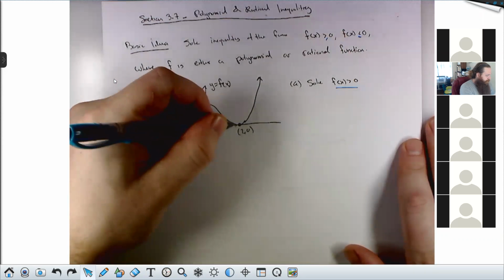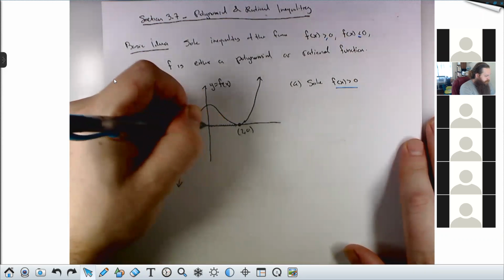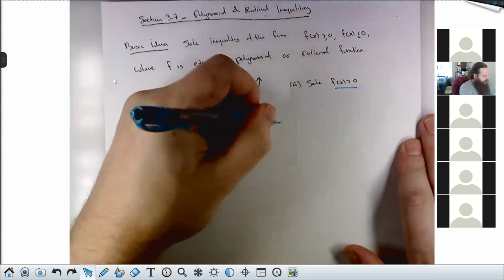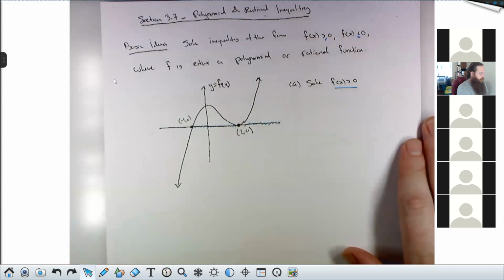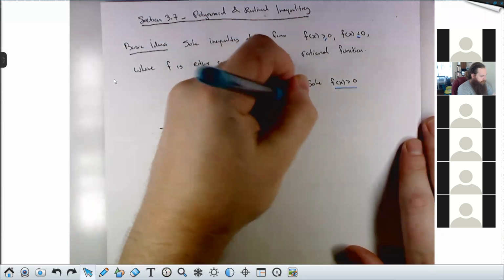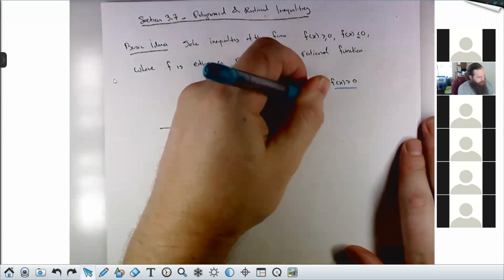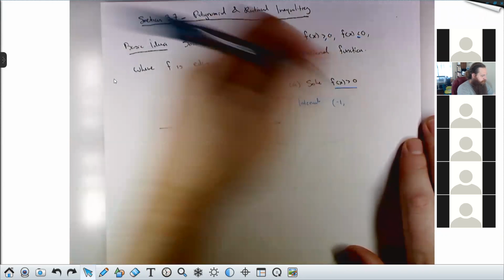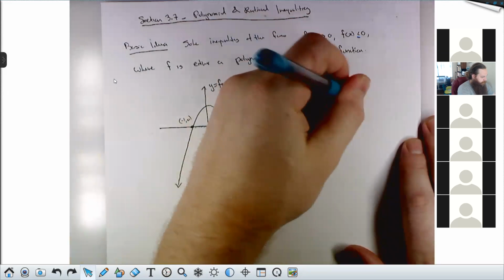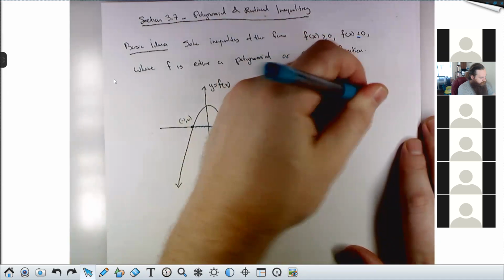So that would be in here and over here. And that would be the set, in interval notation, from -1 to 2, unioned with 2 to infinity.